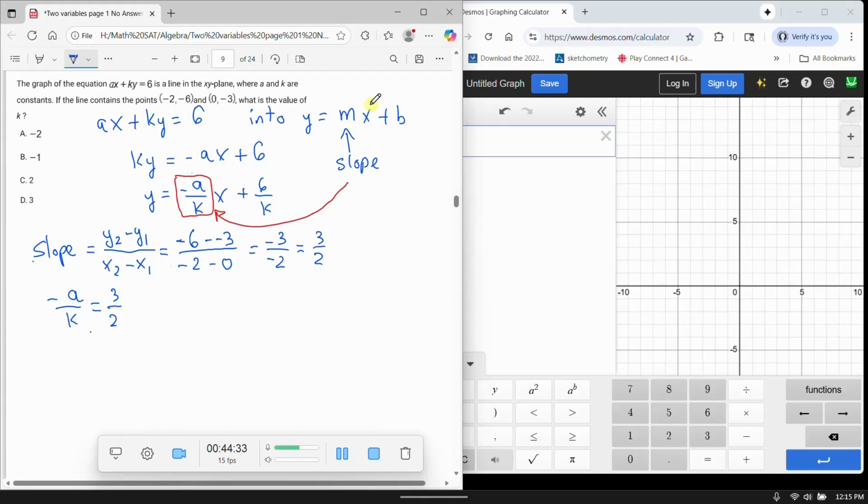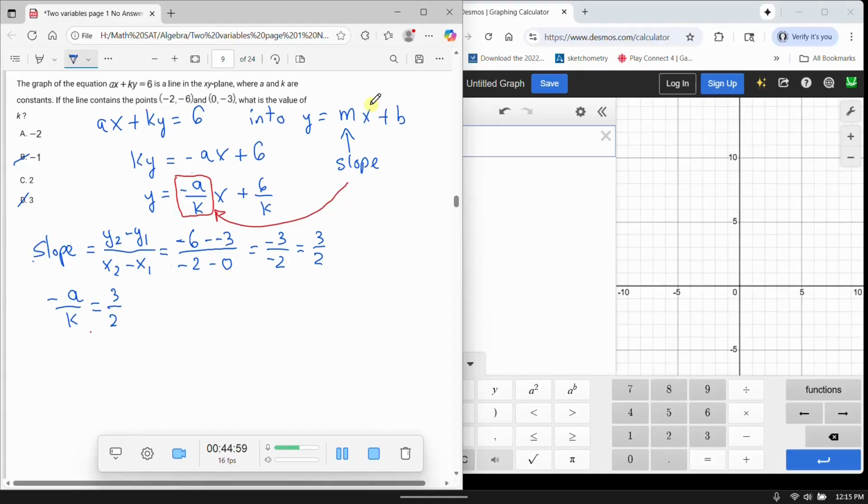So because of the negative sign, we can keep it with the letter a, or we can move it to the bottom of the letter k. If you look at the answer choices, we have -2 and also 2. So we know it has to be between A and C. So B and D never been a choice.